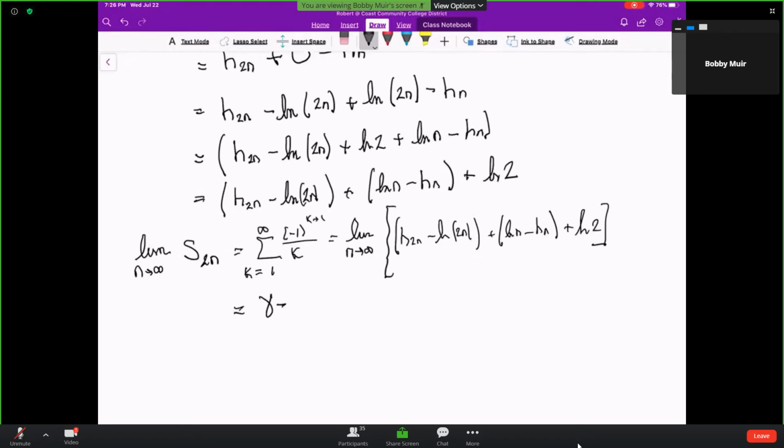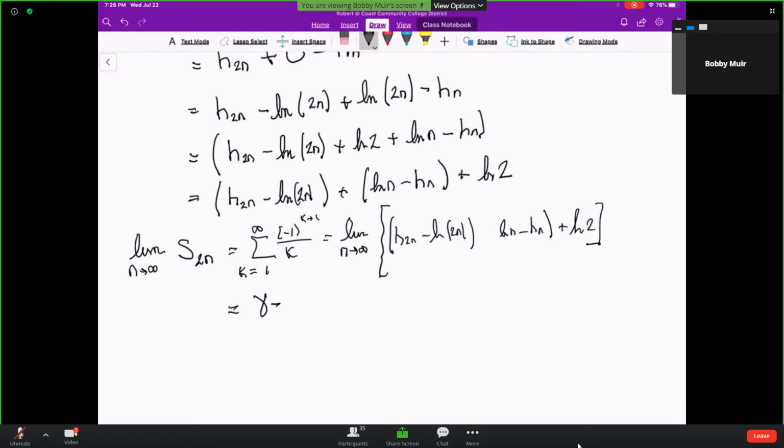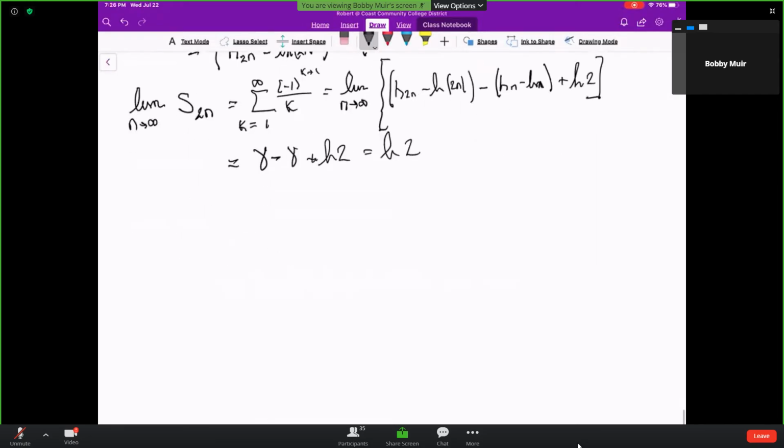I've got to pull the minus sign out, and rearrange these two guys: minus H_n minus log of n. Anyways, that's gamma minus gamma plus the natural log of 2, which gives us the log of 2.